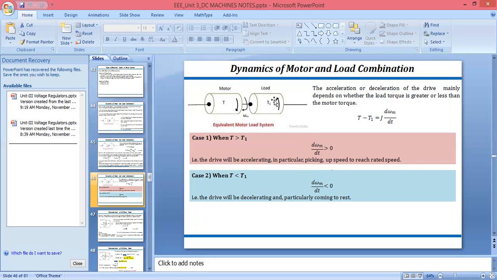So you will get the equation tau minus tau 1 equal to J dwm upon dt. wm is the angular speed of the motor. J is the moment of inertia. And if the value of torque is greater than the load torque, the driver will be accelerating. And if the value of torque is less than the load torque, the driver is not accelerating, it is decelerating.